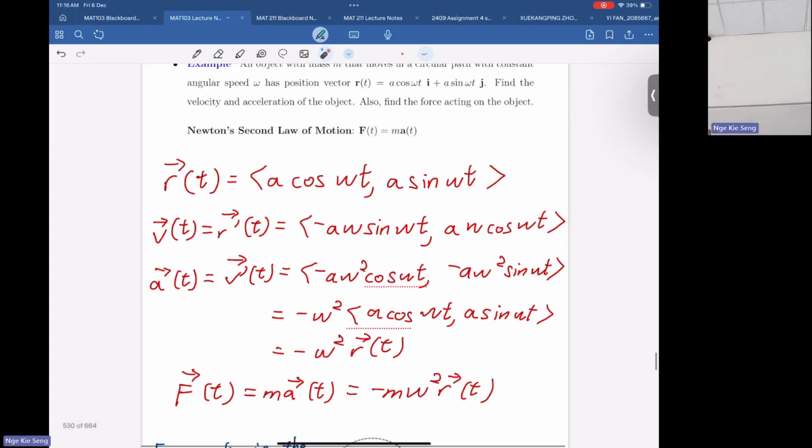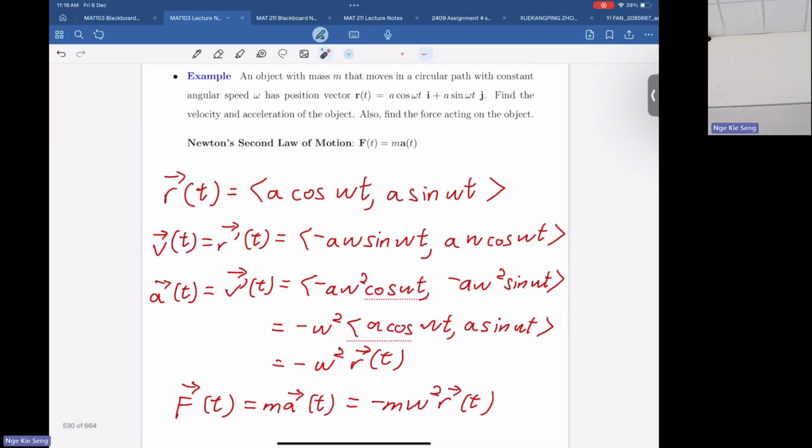But there's one interesting thing here. When you compute ma, the second derivative, it turns out this formula only depends on your position on the curve. Obviously there's the mass, because it is mass times acceleration, but there's a factor omega coming up twice, omega squared.